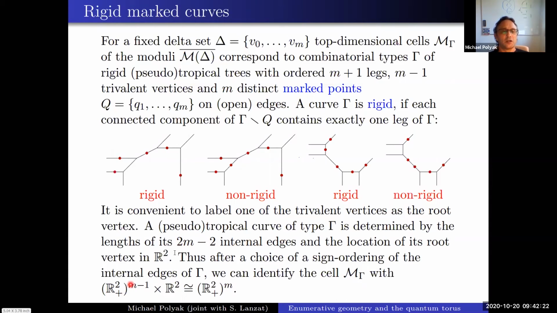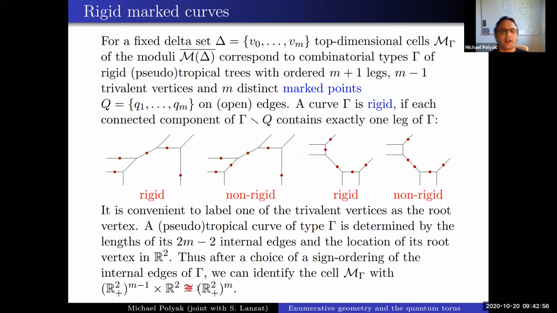So instead of counting this R_+ 2m minus 2 times, I counted it now like (R_+^2)^(m-1). Doesn't matter actually. So the whole cell is basically an open half plane to the mth power, so the dimension is 2m. So that's how an open cell looks.